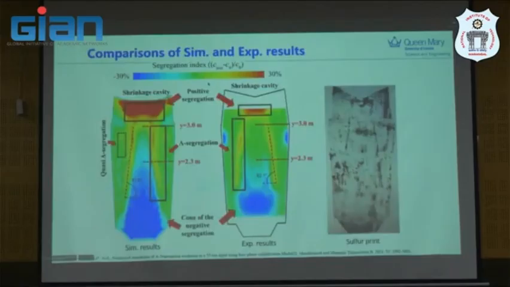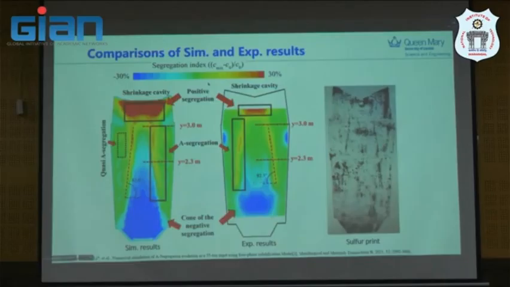Here, this one is the simulation result, and this one is the experimental result. And we can see that both of them have positive segregation in the top area, and there is a cone of negative segregation in the bottom of the ingot.